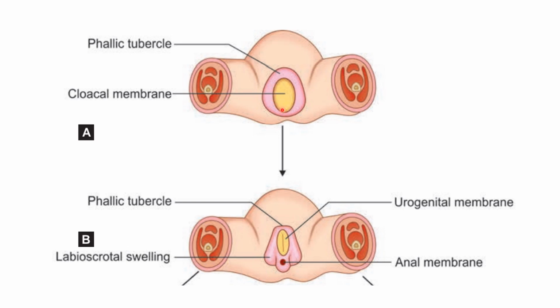We have the cloacal membrane, which is shown in yellowish color over here, and as the urorectal septum reaches the cloacal membrane, there is a linear groove appearance in the cloacal membrane, and along with that we have two swellings heaped up on either side of this linear groove, and these swellings will be known as the primitive urethral folds. So you can see the linear groove over here. On either side we can see the two swellings. These two swellings within this yellow colored region will be the right and left primitive urethral folds.